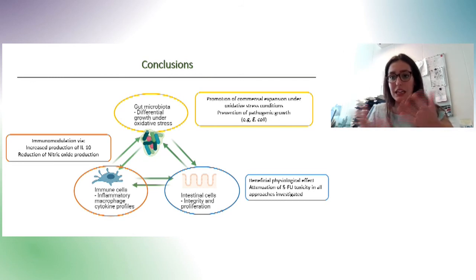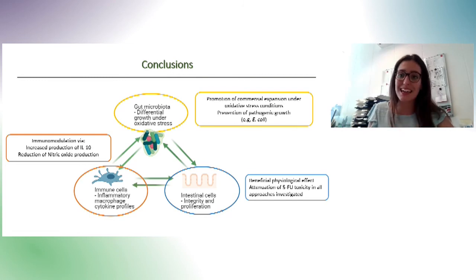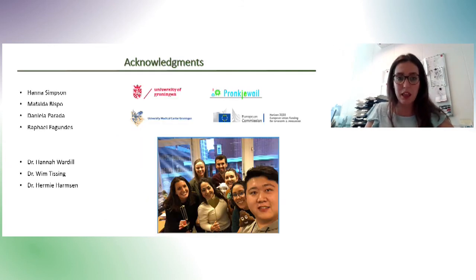As the gut microbiota has been linked to the brain, we also plan in the future to investigate a little bit more about that, especially in the setting of mucositis.